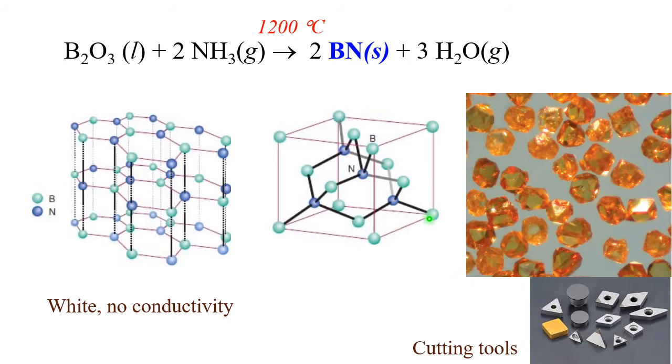Different from diamond, boron nitride is very easy to process, very easy to make powders. So this material has lots of advantages for making cutting tools, wear parts, and different types of ceramics.